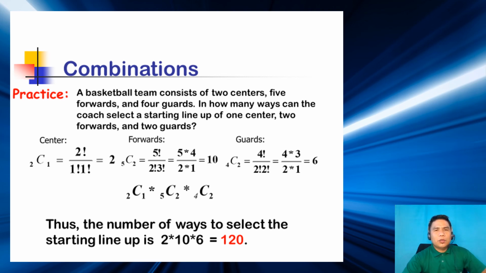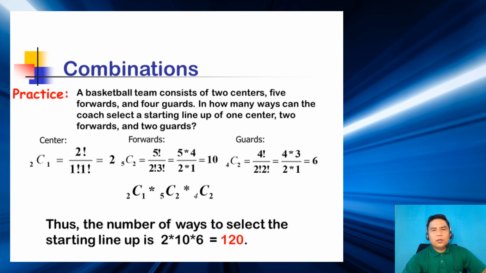So 5 factorial over 2 factorial times 3 factorial. And why 3 factorial? That's 5 minus 2. And then you have 5 times 4 over 2 times 1, because 3, 2, 1 is cancelled out already. Thus, you have 20 over 2, or 10. So 10 ways the coach can select forwards, and 2 ways the coach can select centers.